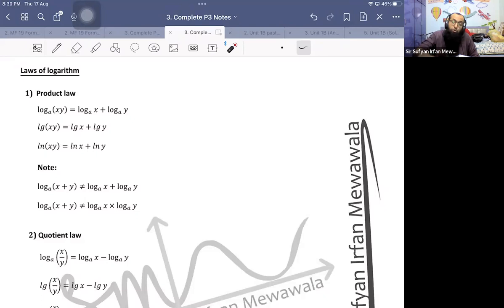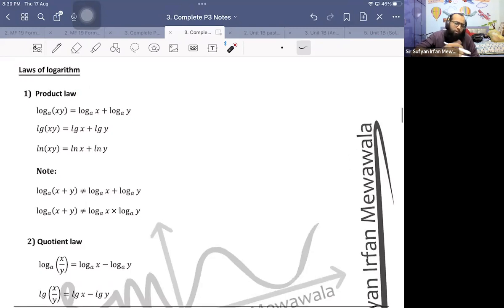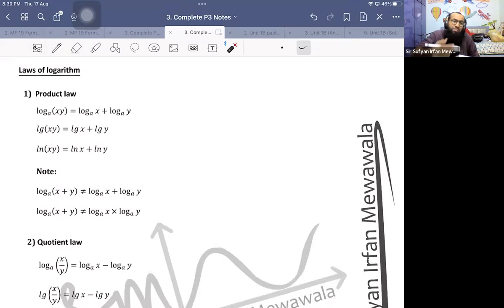So the first law is the product law. Now we have to understand one by one. What does the product law say?